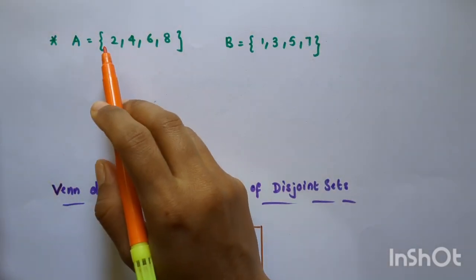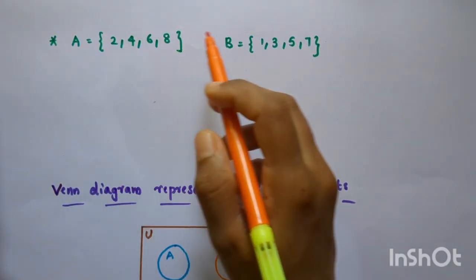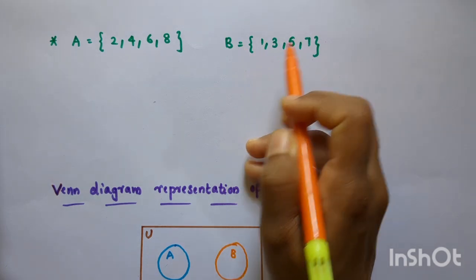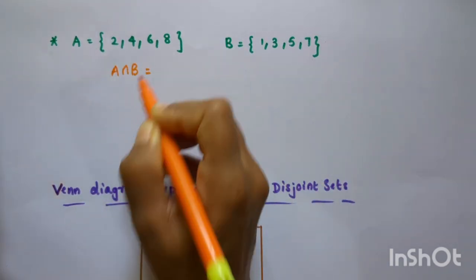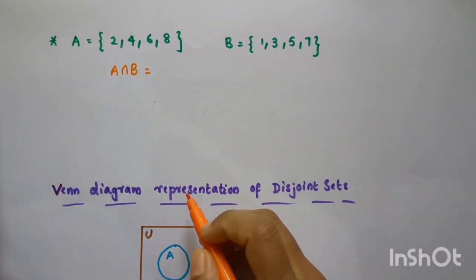Now, let A is equal to 2, 4, 6, 8 and B is a set of 1, 3, 5, 7. Here, if we find out A intersection B, what will be A intersection B?